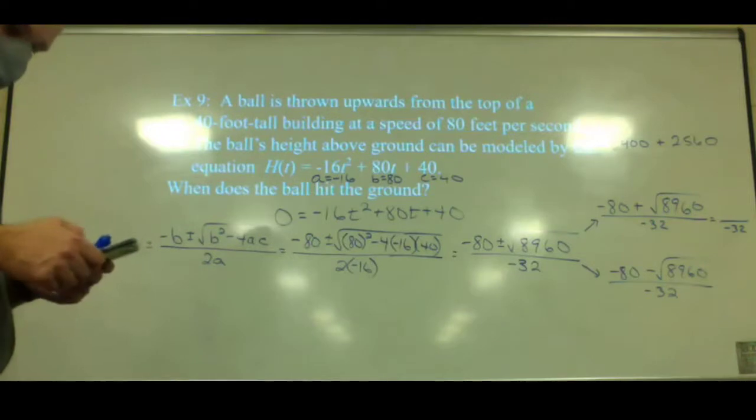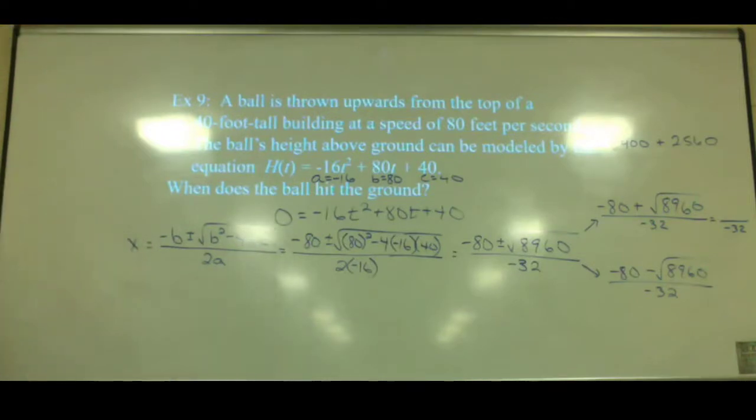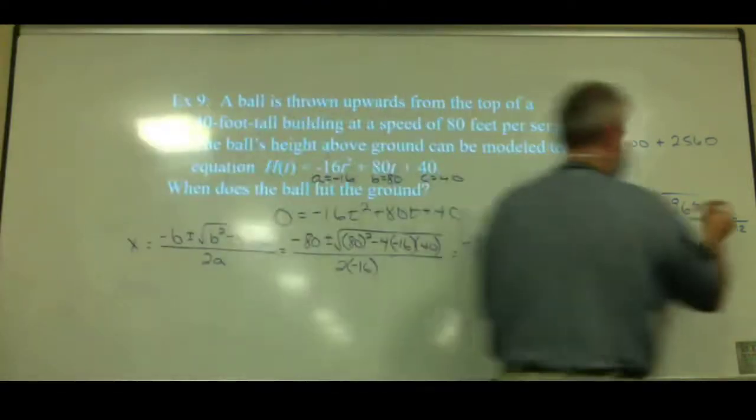Oh, whoops. Okay, forget that. Anybody got it? No? All right, now I got to try it. It's just the top part, negative 80 plus the square root of 8,960. And I'm getting about, it's going to be rounded off, it's a decimal, 14.657.